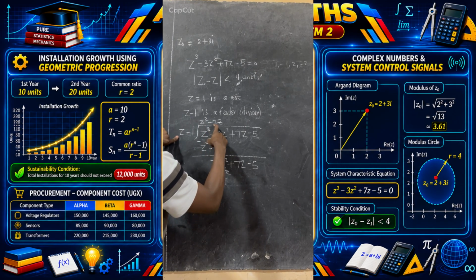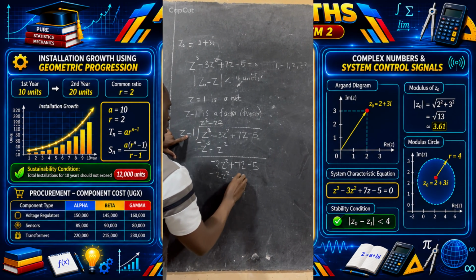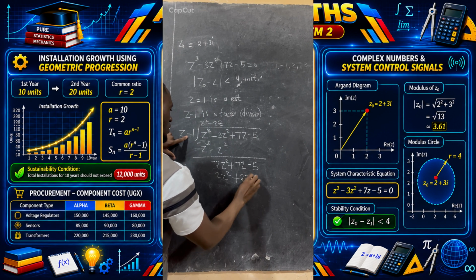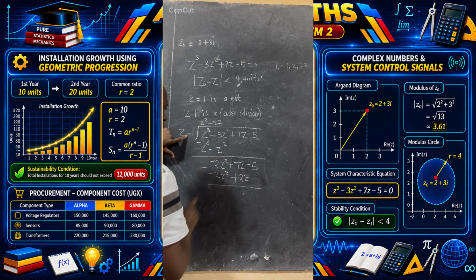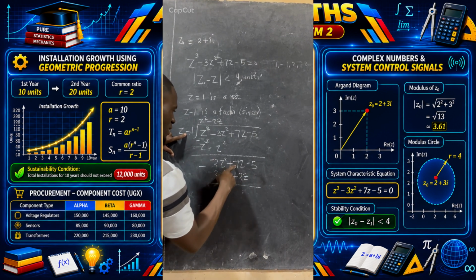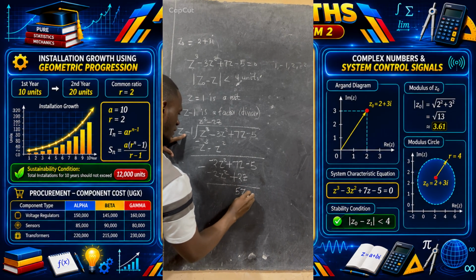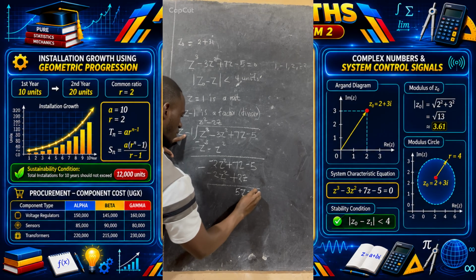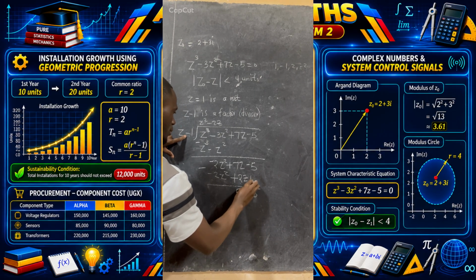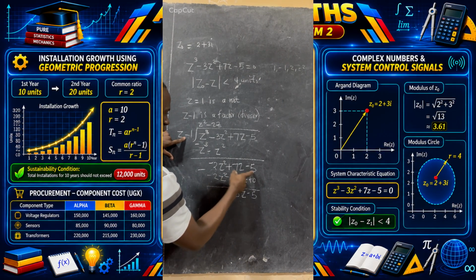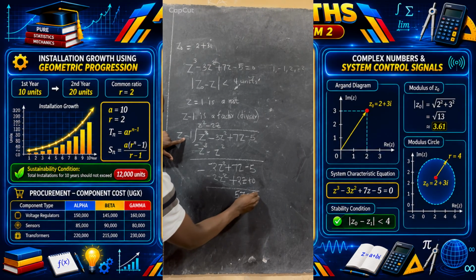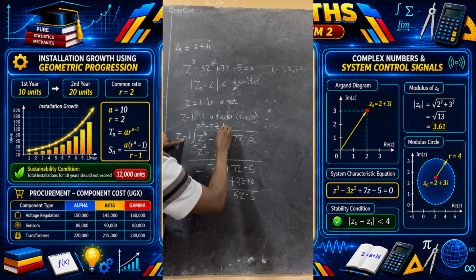Then a -2z times a -1, I get a +2z. Still I subtract. I have a 7z minus 2z, which is going to give me 5z, but I have a -5 left there. Of course, some people say there is a +0, then they say -5 minus 0, which doesn't affect us.